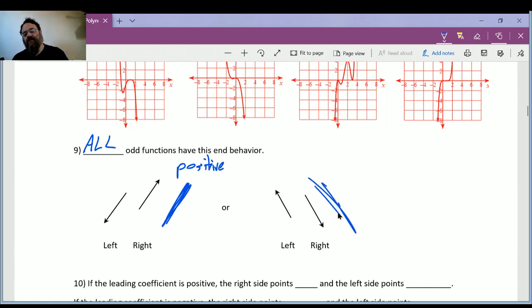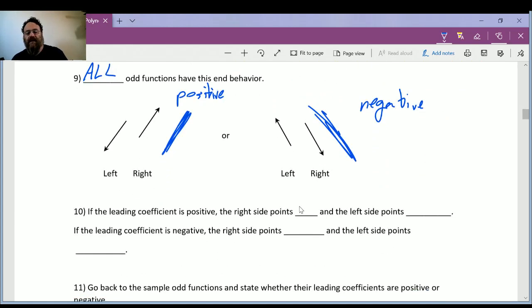Or it's kind of going like that, and that is your negative. If the leading coefficient is positive, right side is up, left side is down. If the leading coefficient is negative, right side points down, and left side points up.